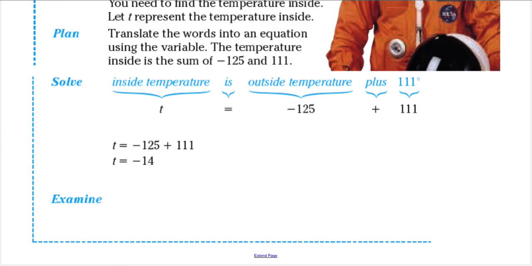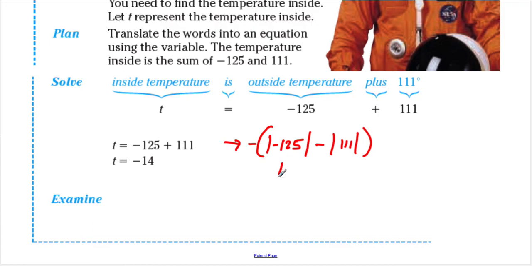Why is that? Because if we follow the format here, it is the absolute value of negative 125 minus the absolute value of 111. Since 125 is greater than 111 and the sign of 125 is negative, the difference would be negative as well.